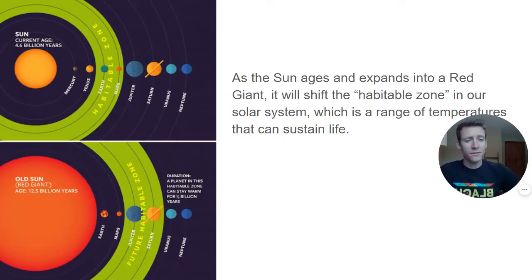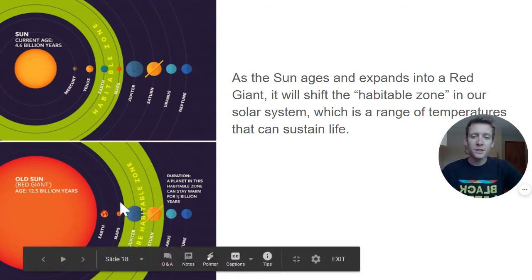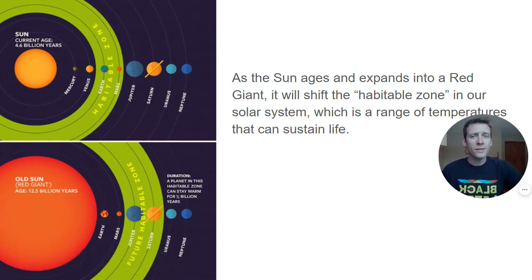So this will definitely affect humans on Earth, but not in our lifetime, of course. But if our planet survives 5 billion years down the road, that change from a normal mainstream star to a red giant is going to change the habitable zone of our solar system, meaning where the temperature in our solar system is good for life.